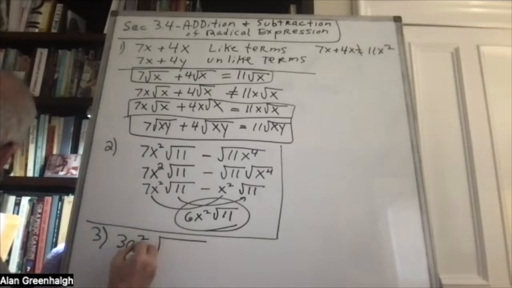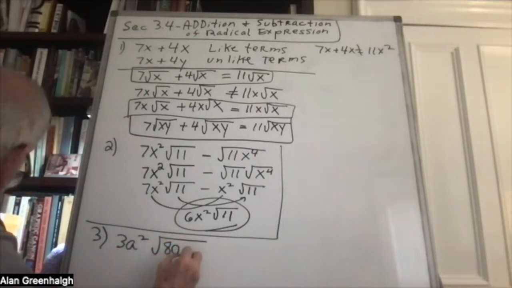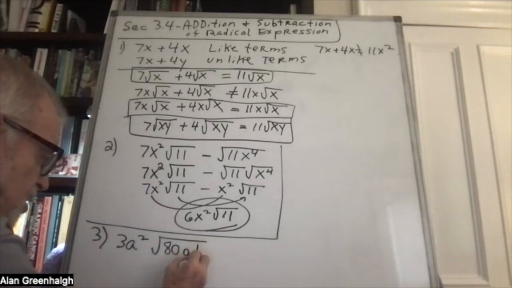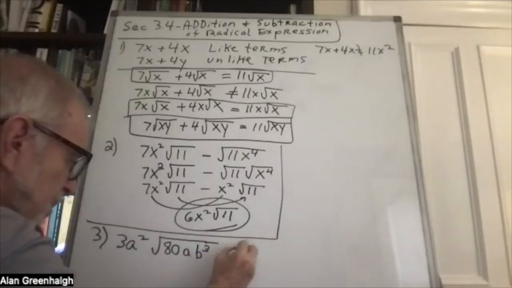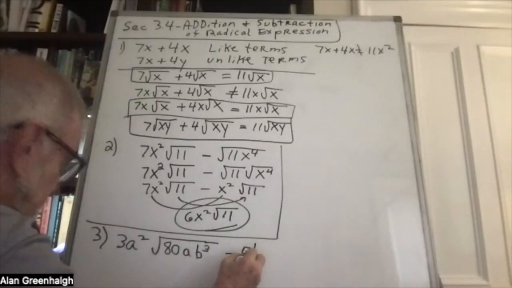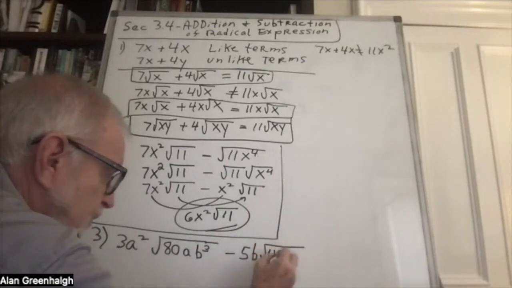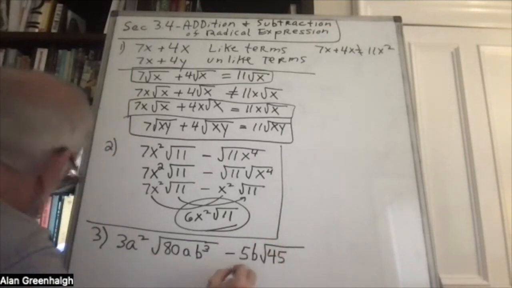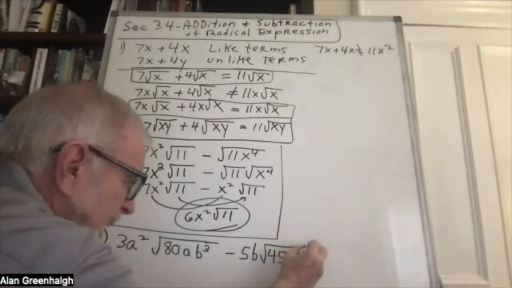And I'd like you to do this if you can: 80ab to the third minus 5b times the square root of 45a to the fifth b.